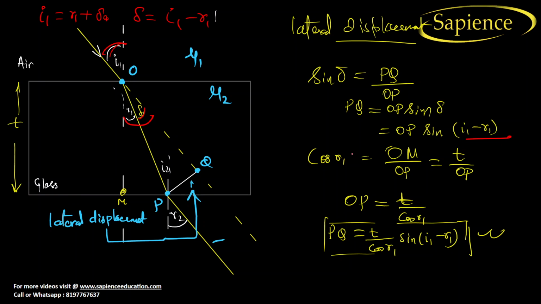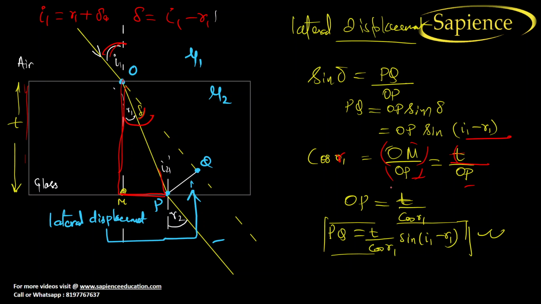Now from this triangle, cos R1 is equal to base by hypotenuse, that is OM divided by OP. What is OM? OM is the thickness of the slab, T. So cos R1 is T divided by OP.